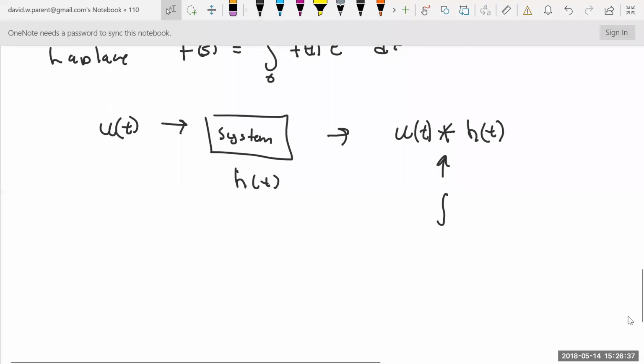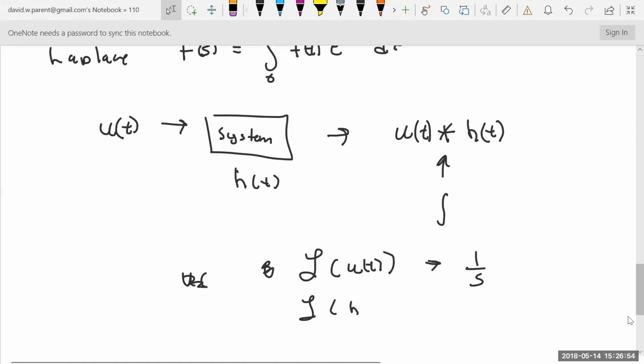But with the Laplace transform, the Laplace of u of t just becomes 1 over s.